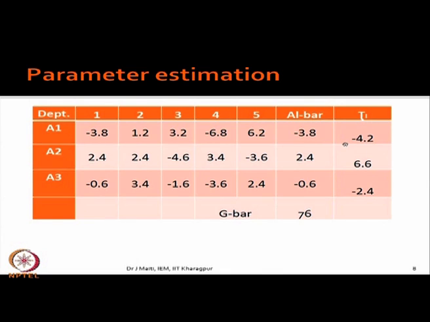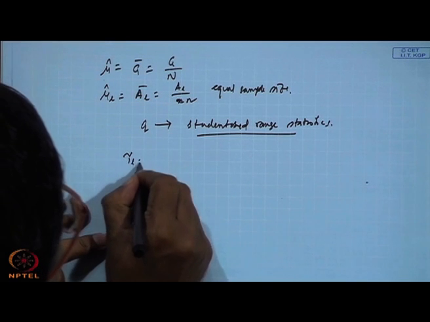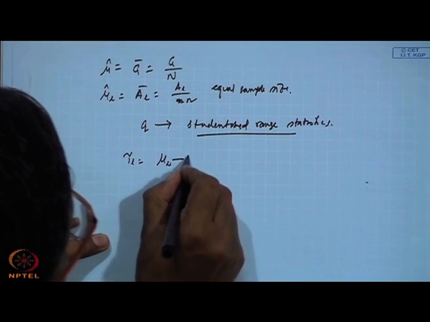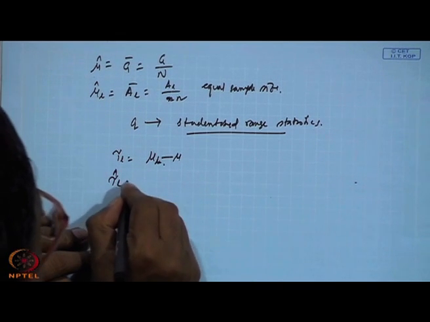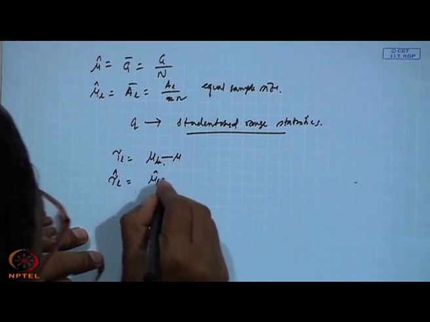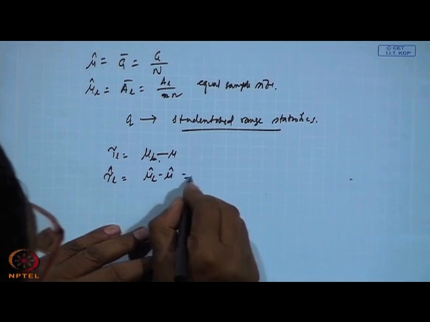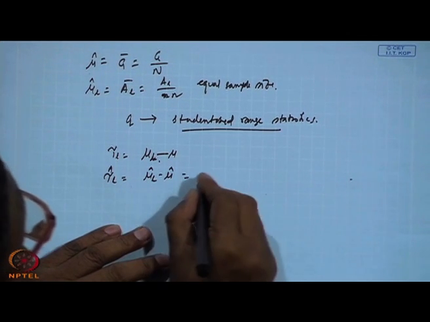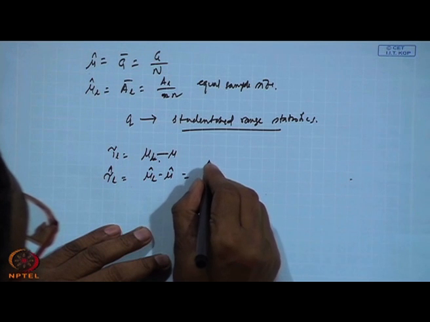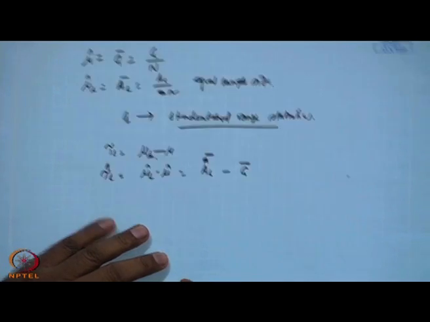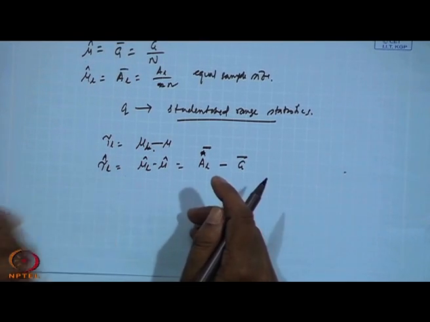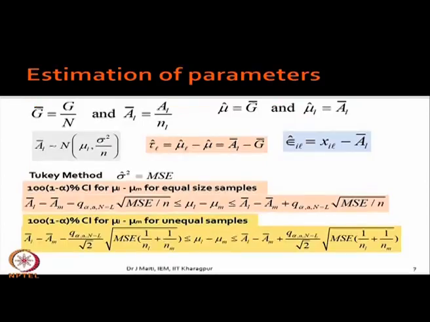What will be the tau L? Tau L is mu L minus mu. So tau L estimate is mu L estimate minus mu estimate, which here is A L bar minus G bar. We know all those values. Now what is your A L bar?